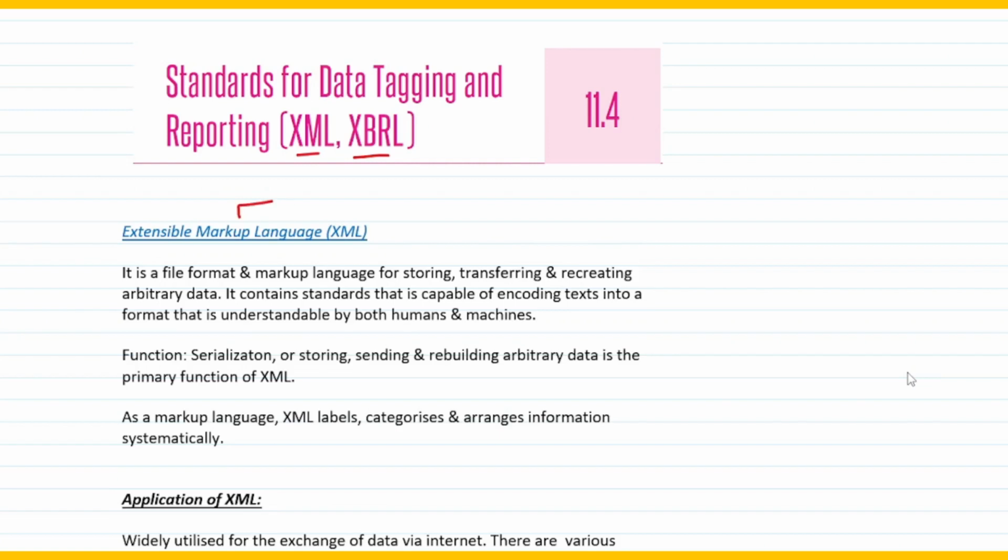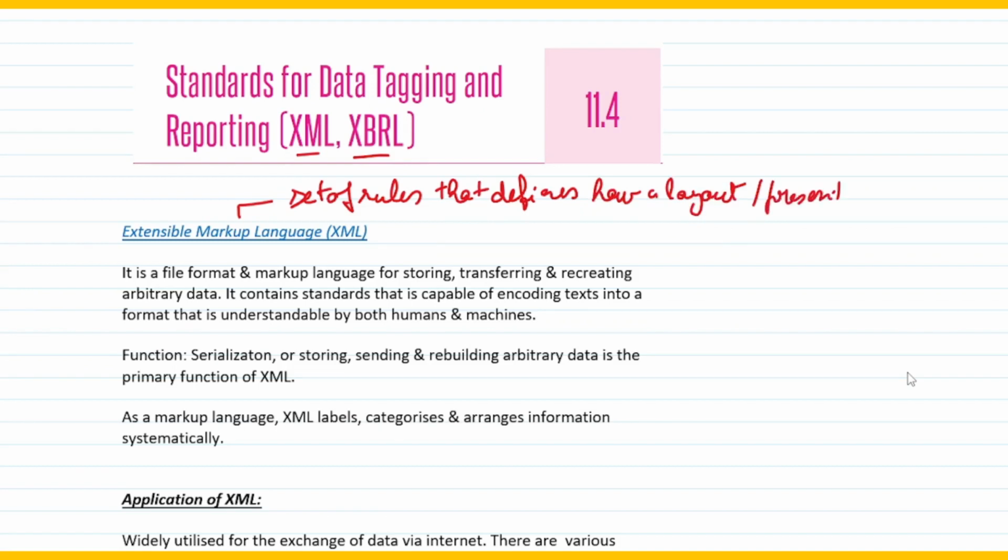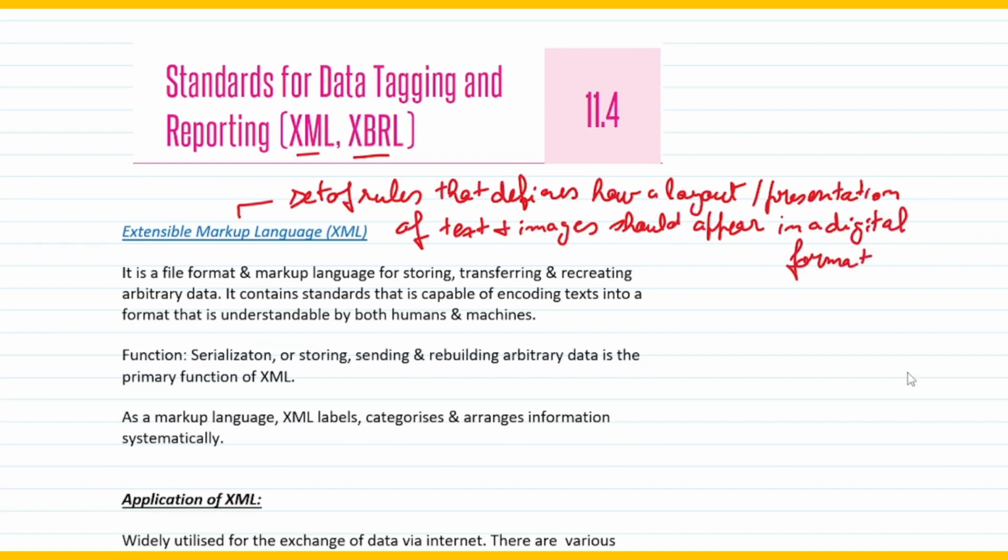Extensible markup language is basically a set of rules that defines how a layout or a presentation of text and images should appear in a digital format or a document.